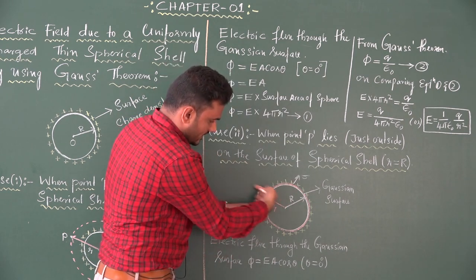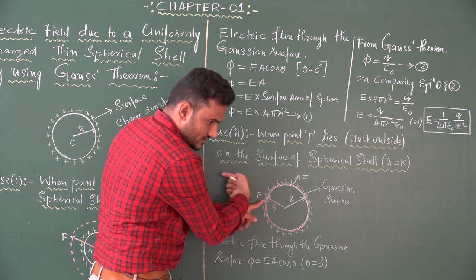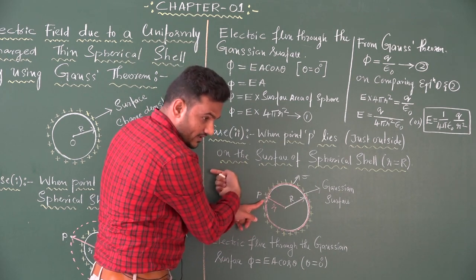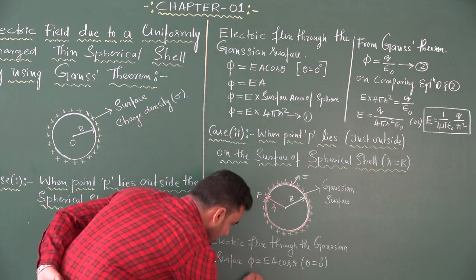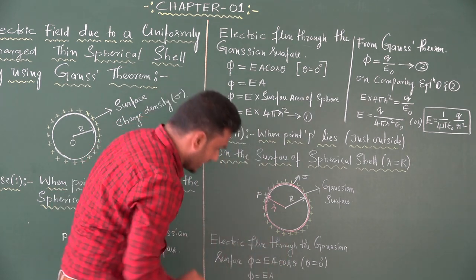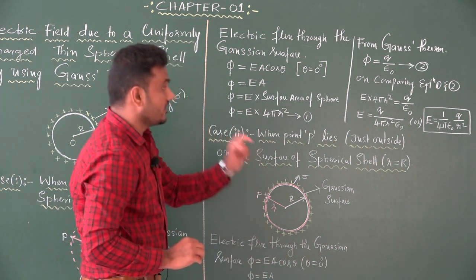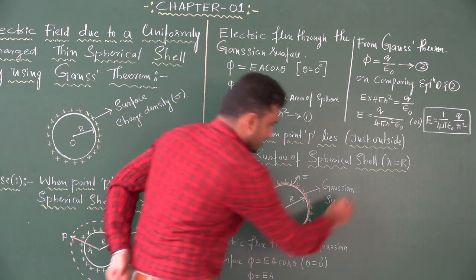The direction of electric field is normal to the surface, and the area vector is also normal to the area element, both are parallel to each other. So theta is equal to 0 degree. So phi is equal to E into A. Again A represents the surface area of the spherical Gaussian surface.